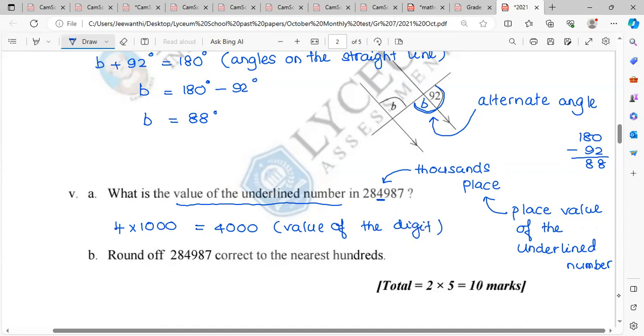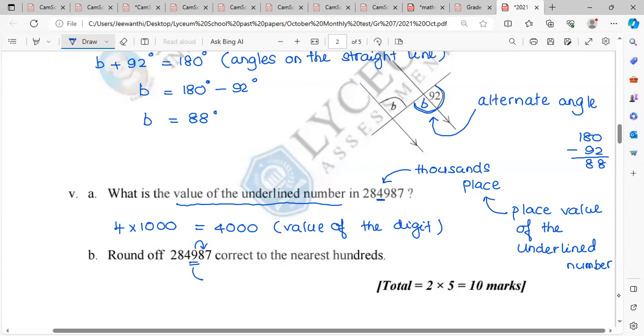Round off 284,987 to the nearest 100. First you want to understand the 100 place. So this is the 100 place. And you look at the next digit. If that next digit is 5 or more than 5, we need to add 1 to the underlying number.